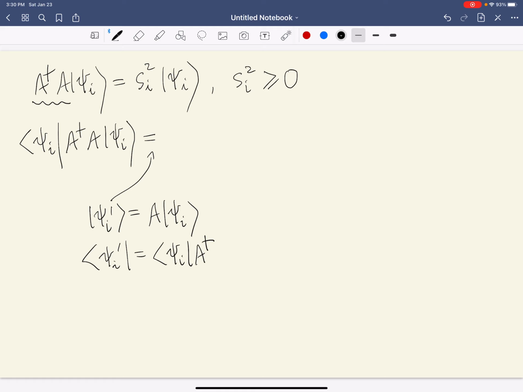So this whole thing is just an overlap of psi_i prime with psi_i prime, which has to be non-negative.